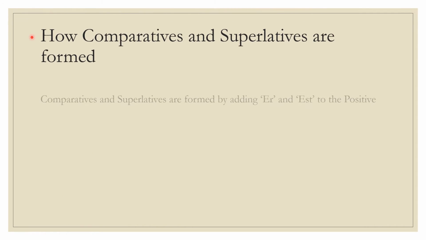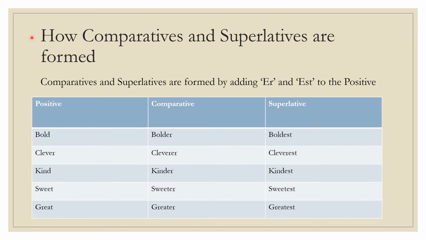Let's understand how comparatives and superlatives are formed. Comparatives and superlatives are formed by adding ER and EST to the positive. Look at this following table. Positive, comparative, superlative. So you form the comparative by adding ER to the positive, and you form the superlative by adding EST to the positive. Look at these examples.